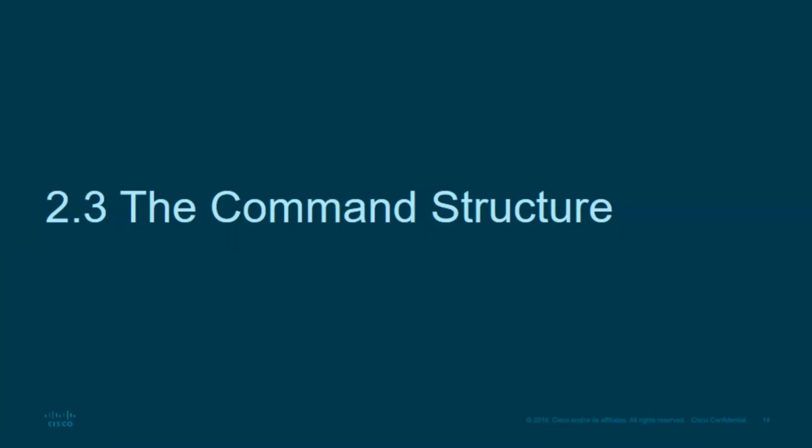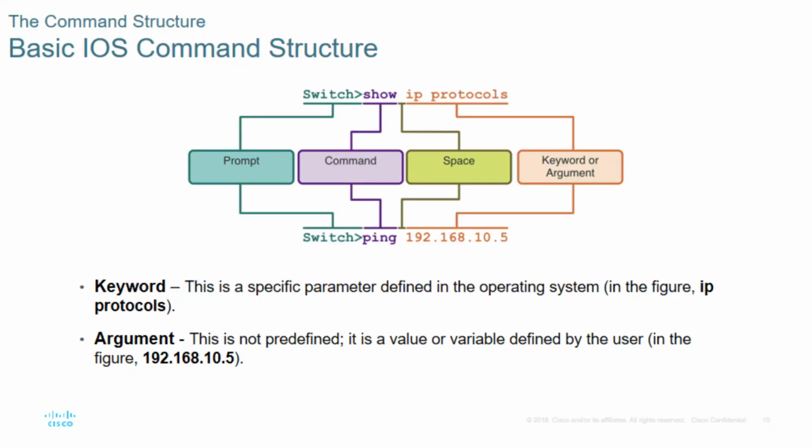Now our third objective is the command structure. So this topic covers the basic structure of commands for the Cisco iOS, and a network administrator must know the basic iOS command structure to be able to use the CLI for device configuration. So a Cisco iOS device supports many commands. Each iOS command has a specific format, a specific syntax, and can only be executed in the appropriate mode, right?